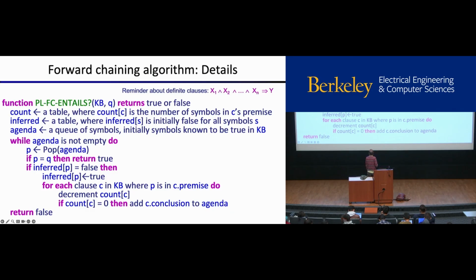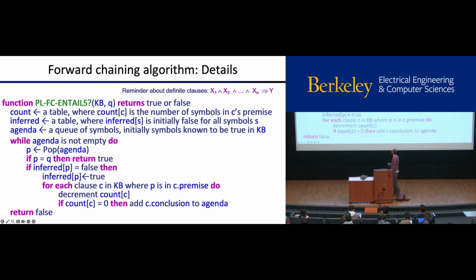So we keep count for each clause C. We keep count of the number of symbols in C's premise. So here we have X symbols in the premise of this clause. We keep track of which symbols we have inferred are true. And initially, we haven't inferred that any of the symbols are true yet.